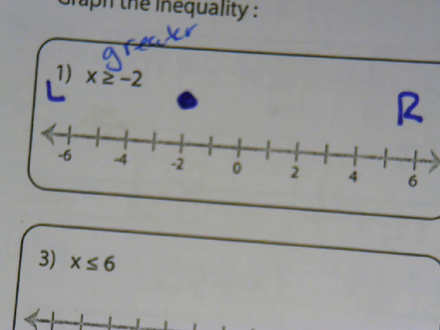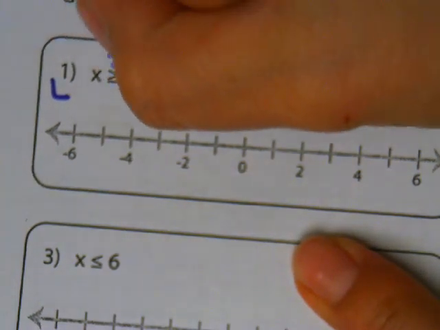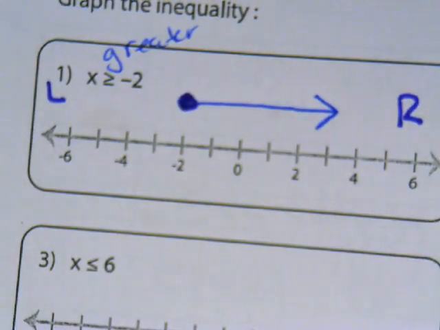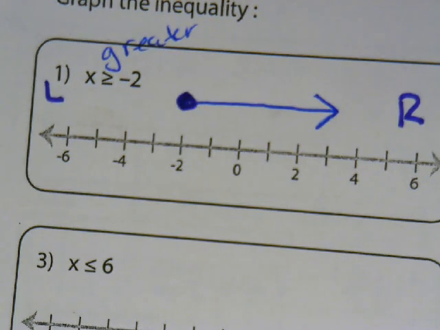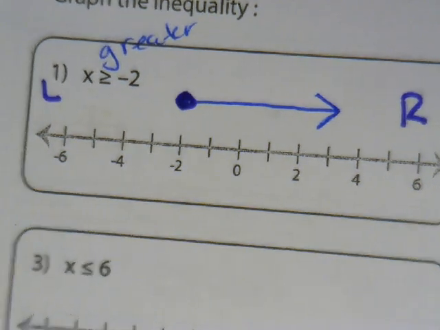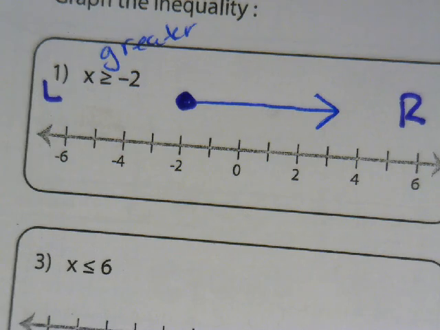The right side. So that means I'm going to shade the right side. So 1 point for the circle and 1 point for which way you shade. I'm looking for numbers that are greater than -2. These numbers are greater than -2.